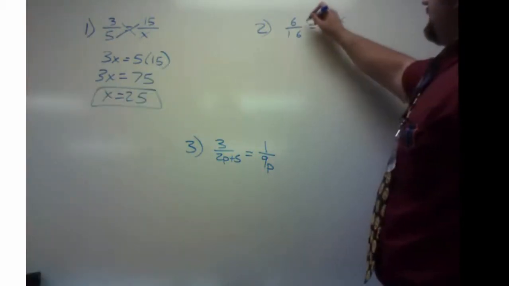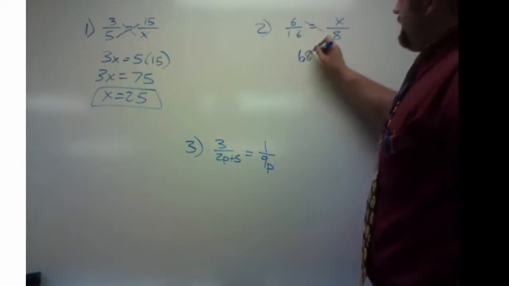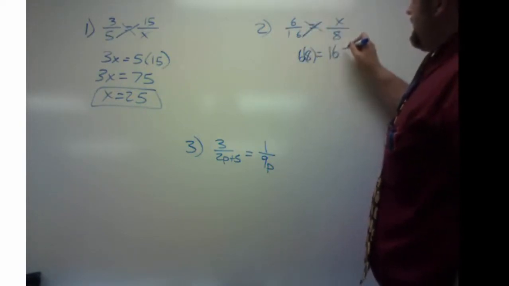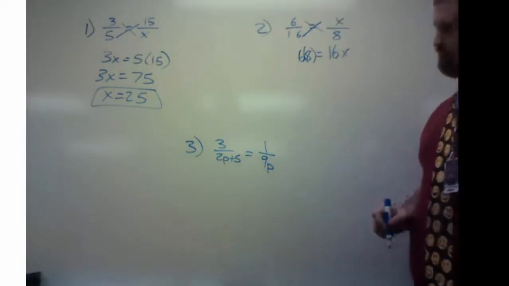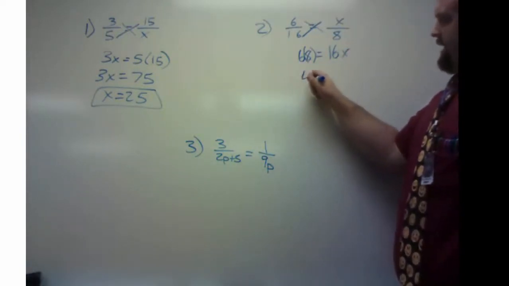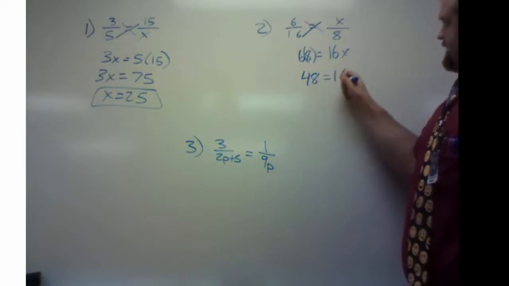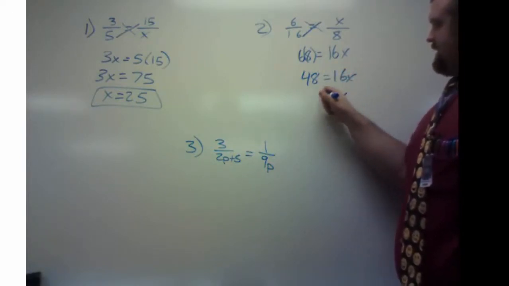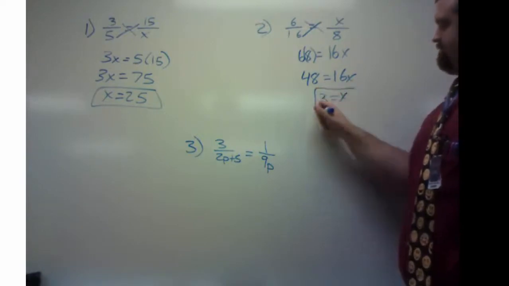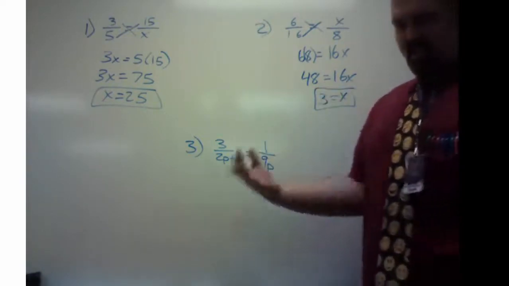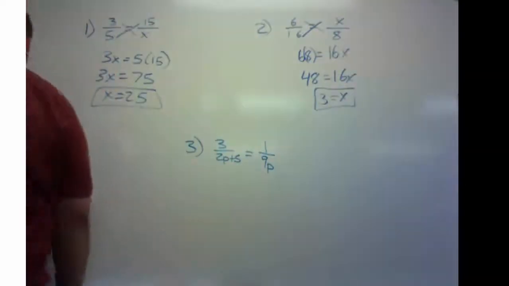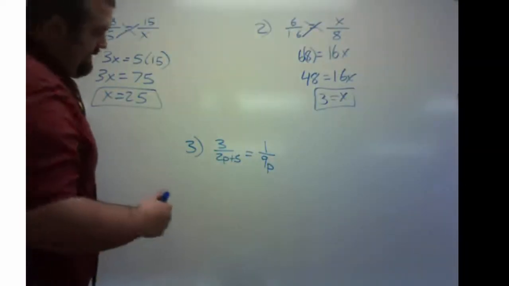This one here, 6 times 8 equals 16 times X. 6 times 8 is 48, equals 16x. Divide both sides by 16, x is 3. Again, I said I could do this one in my head, but it's good practice. Because eventually you'll get to one where it's going to be a little bit tougher.